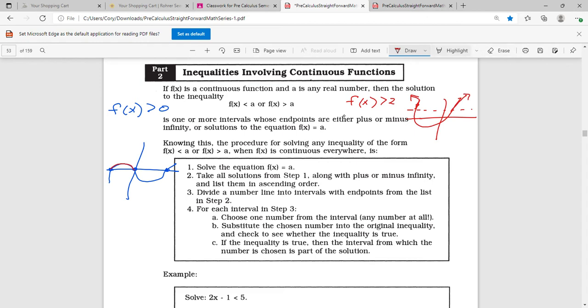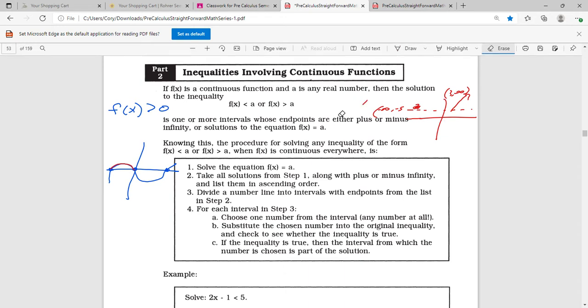So it would be intervals. You'd have negative infinity to whatever this number is, let's say that's -5, and then you'd have whatever this number is, let's say that's 3, to infinity. Those are going to be your intervals. And that's what we learned in the last lesson.